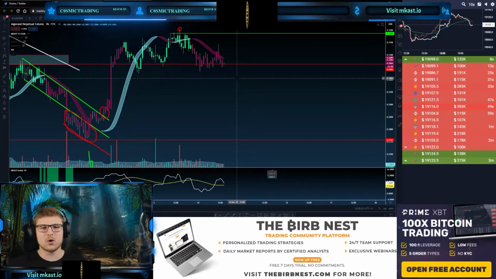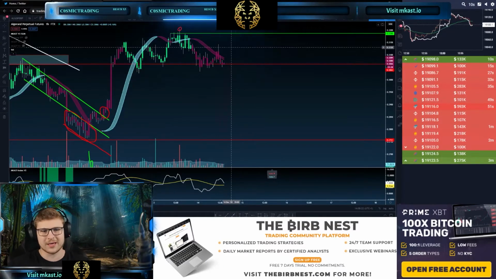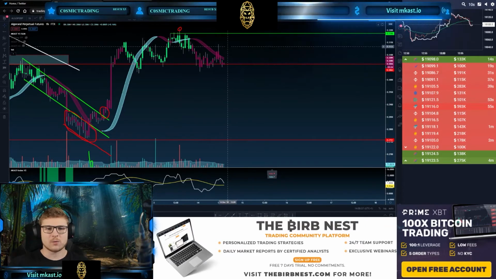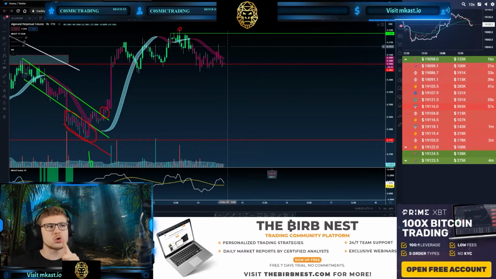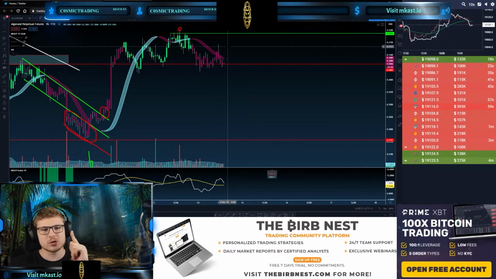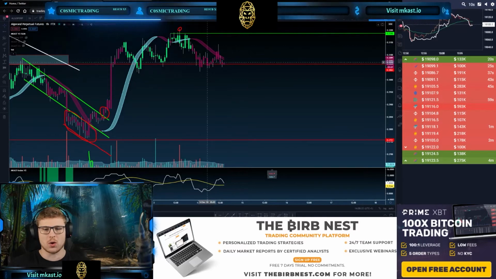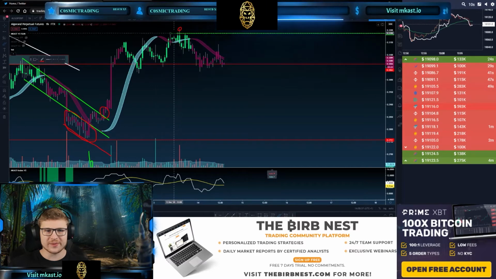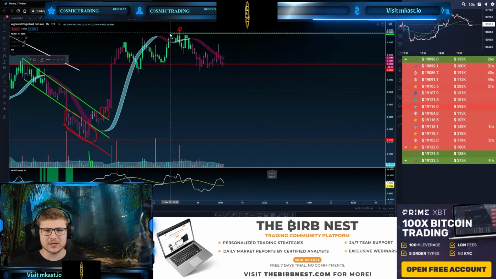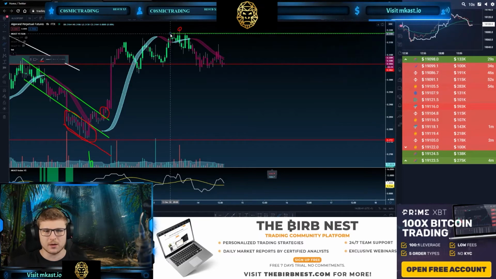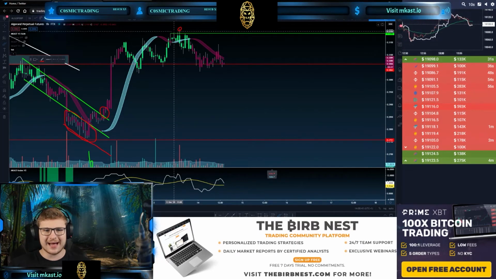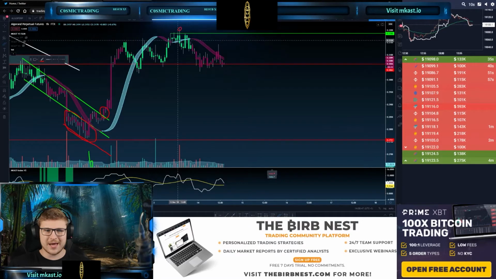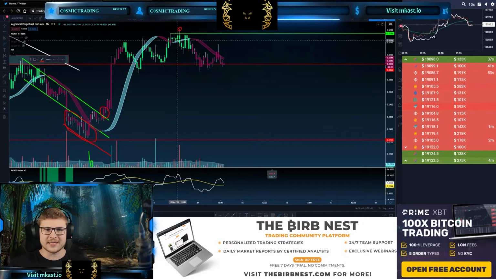Algo, we saw a similar thing right here. Look at this beautiful thing. Now, this shows you exactly why you would need the close below. You can see this was our movement to the upside. It was high, and we take the very first one here. Now we had a high, a little wick above, but it didn't close below. Then we had a green candle above, but it didn't close below.